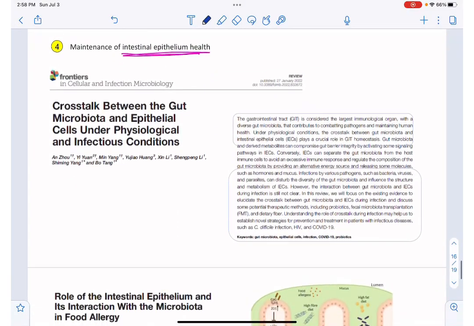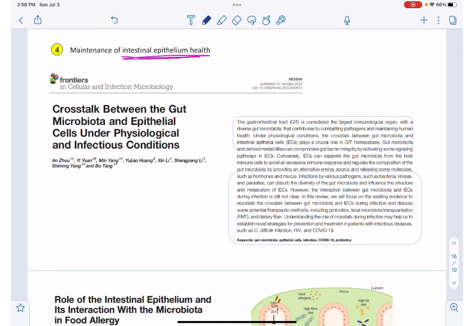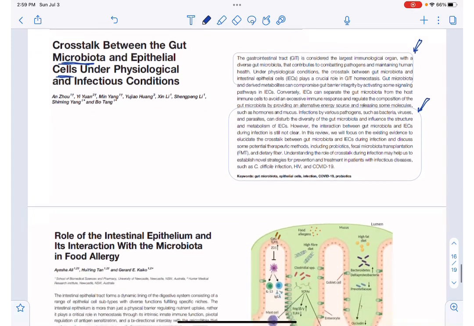And so they're showing that there's crosstalk between the gut microbiome and these epithelial cells. And again, this is important for the overall health of the digestive lining, but overall digestive health as well. And again, there's a couple pieces of this abstract that you might want to read and find interesting.